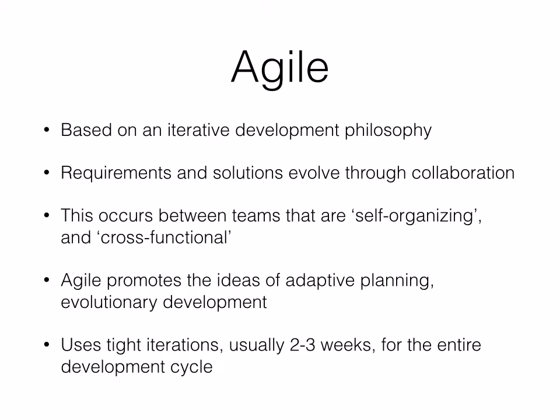Self-organizing in the fact that this methodology is not really telling us to do anything that's contradictory to our own human behavior. It's very loosely based so that teams can self-organize around a philosophy as opposed to proceeding down a very discrete series of steps of a methodology.